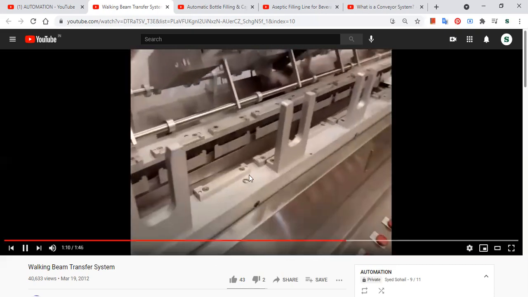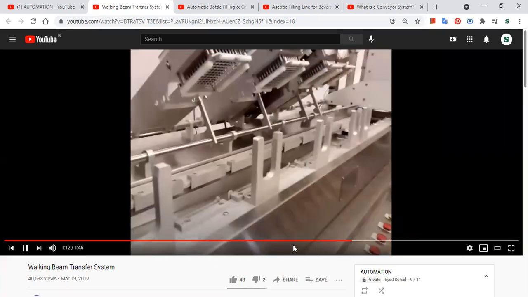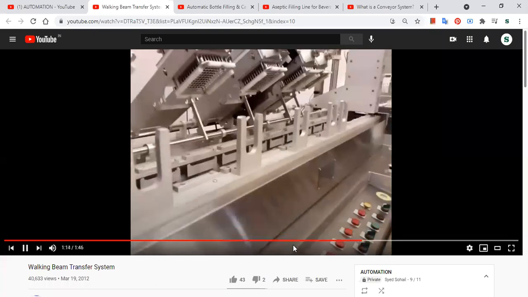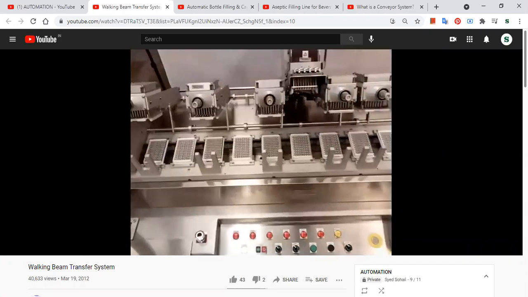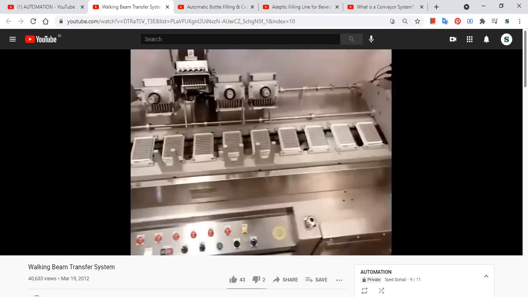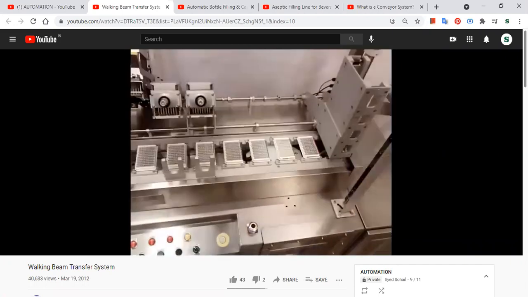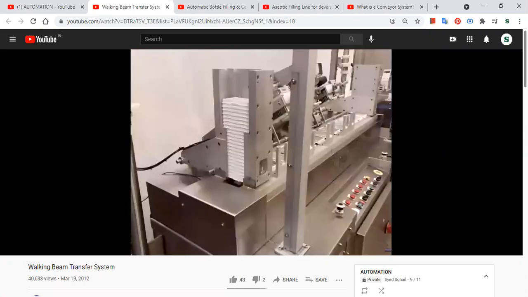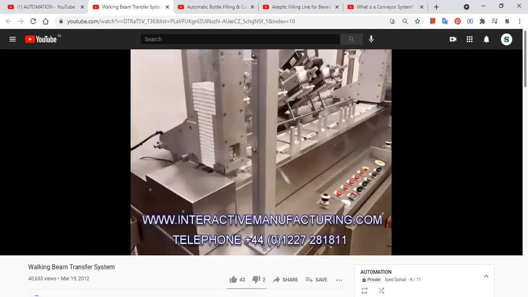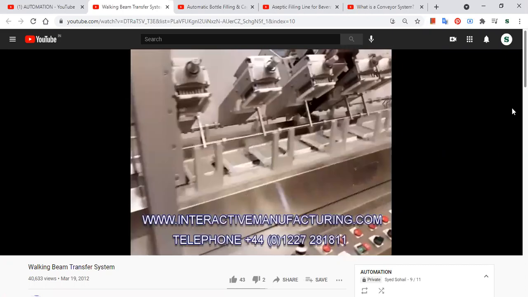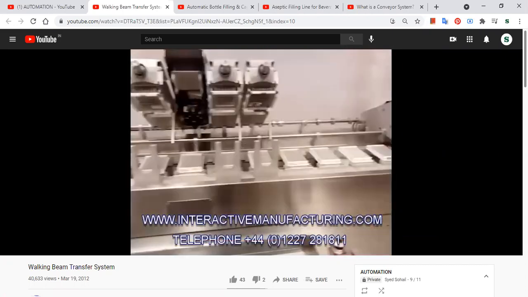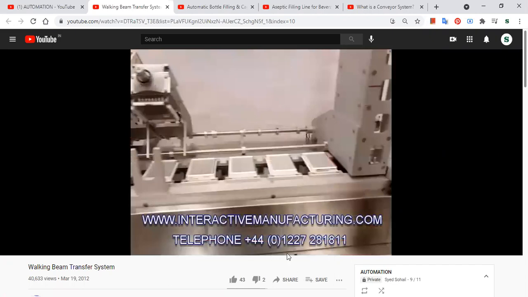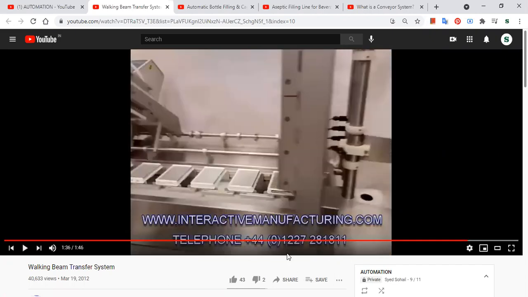Okay, this is without the work parts also, another clarification to make. So this is a very good example to show a linear transfer mechanism, right?